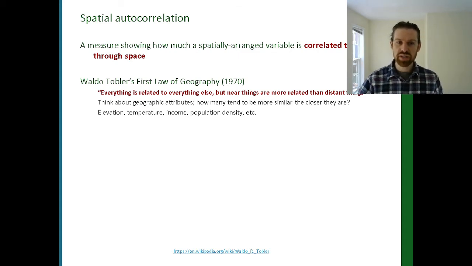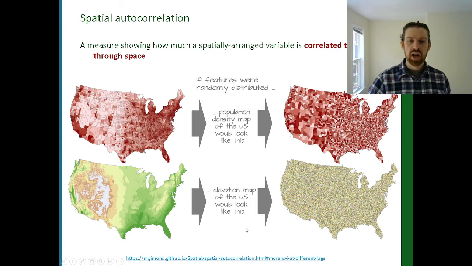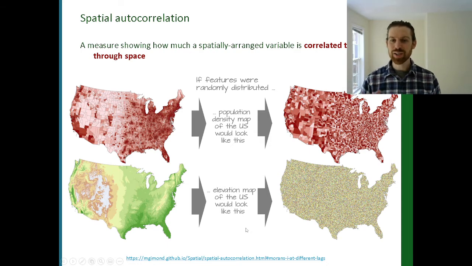And this doesn't just apply to humans, such as via population density. It's also related to things like elevation, temperature, and other socioeconomic factors correlated with population density, like income. And when I say that things are highly clustered, this gives you an example of how this is definitely true. This is the population density of the contiguous United States on the left-hand side here.